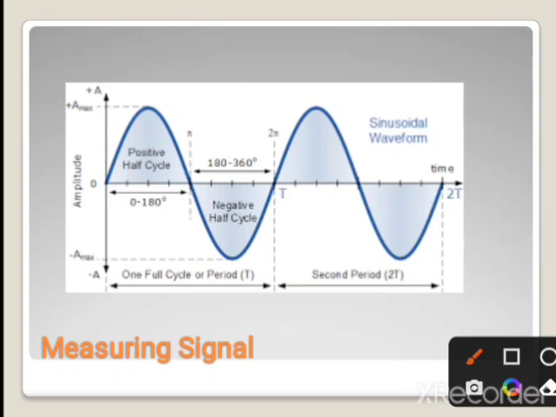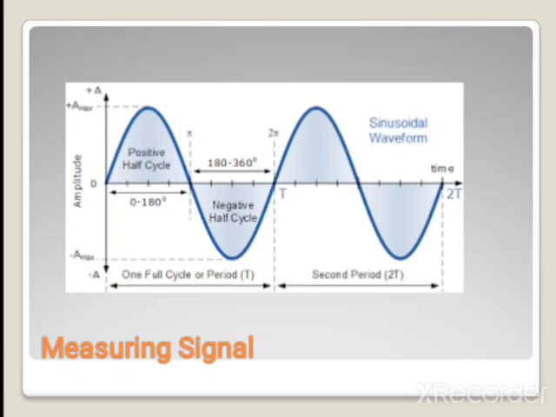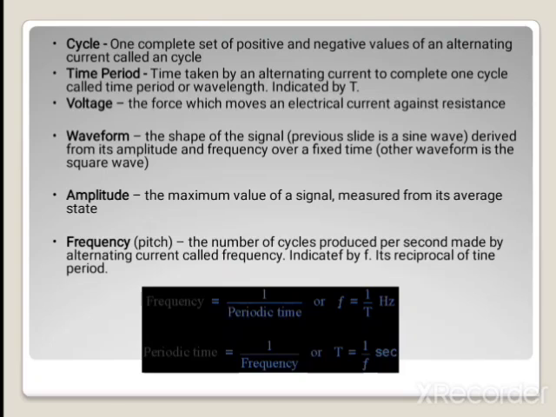This is the set of positive and negative quantities of alternating current, called a cycle. Next one is time period. The time taken by alternating current to complete one cycle is called the time period.